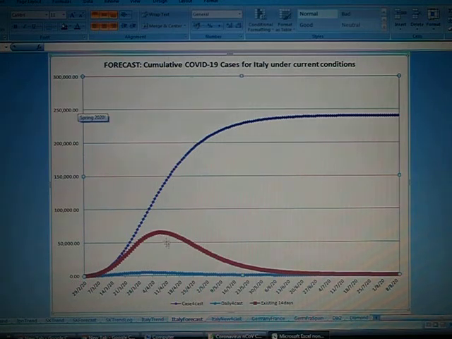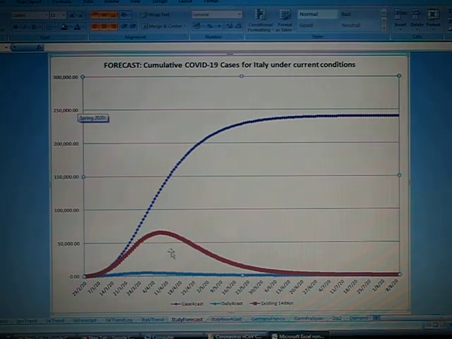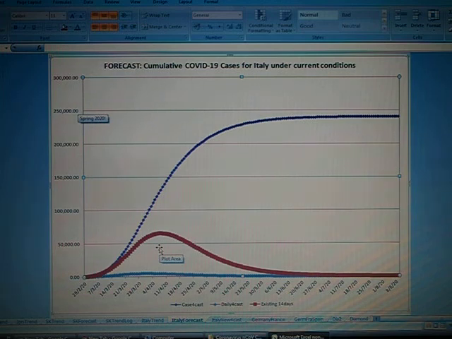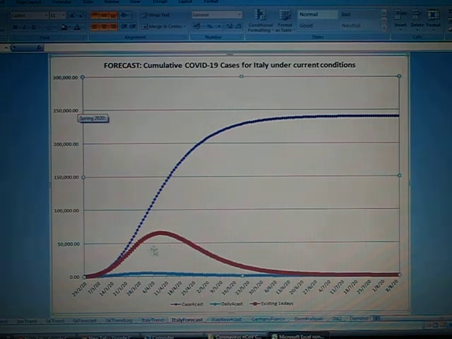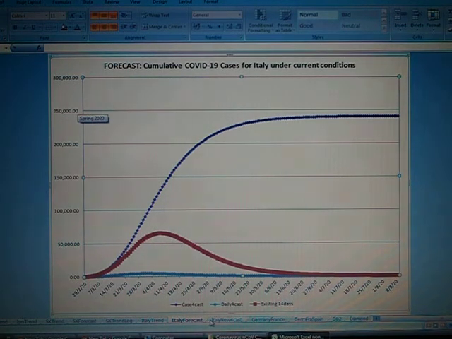But just imagine that some of these people are going to be on ventilators, a certain percentage, so you might say 5% or 10%. But it looks like you've got about a 7% death rate in Italy, so quite a lot of the patients are on ventilators for a long time. You're going to have some people in hospital for a long time in Italy. That's why the hospital beds are so full.